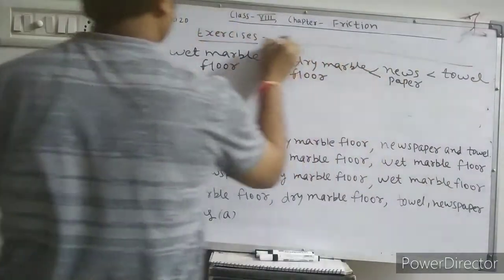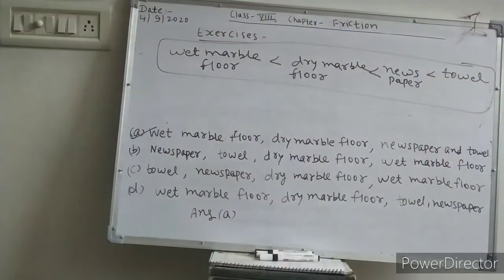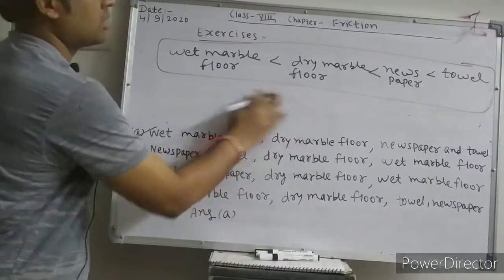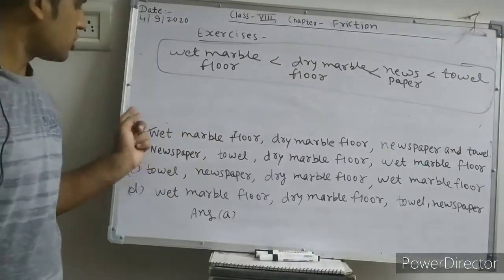So this is the increasing order, understand, and this is the decreasing order. But here the question is asking you the increasing order, this is the increasing order, so the answer is A.